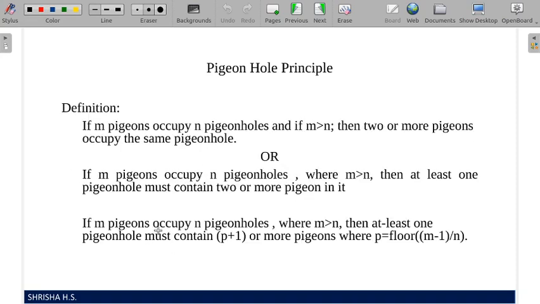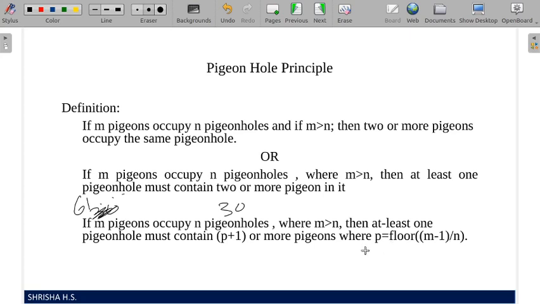If m pigeons occupy n pigeonholes, and the number of pigeons is more than the number of pigeon nests, at least one pigeonhole must contain p plus 1 or more pigeons, and the formula for calculating p is also given. We are applying exactly this formula.